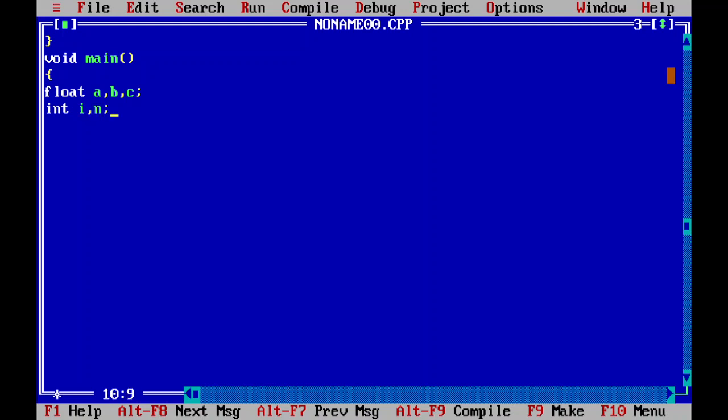Then clrscr to clear the previous output. Then printf to display the message: enter your first initial guess a, second initial guess b, and n, the number of iterations.